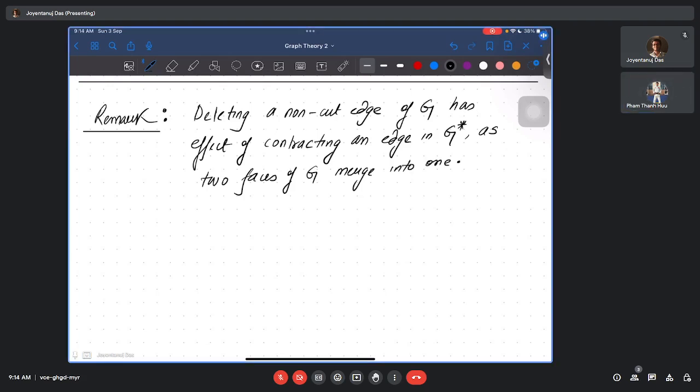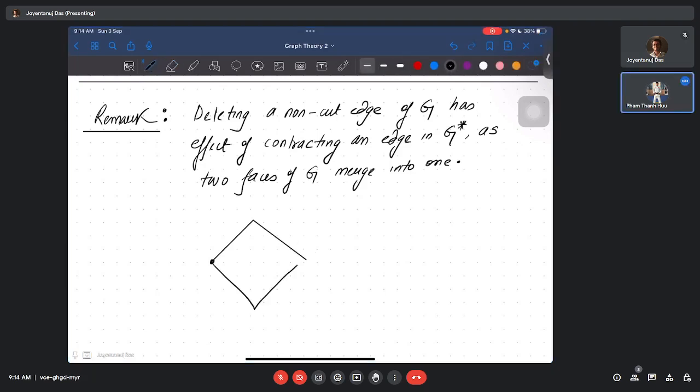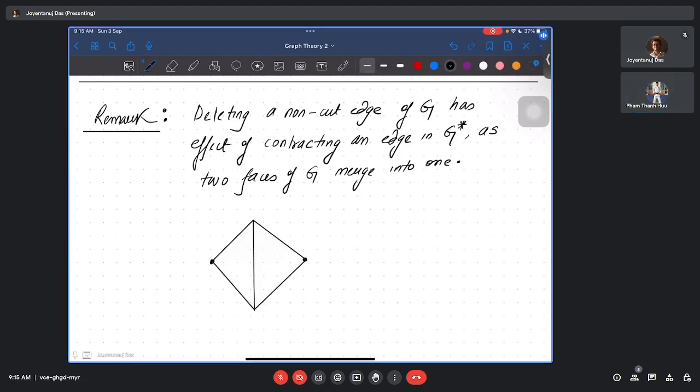So let us see an example of what they are saying. Suppose I have this graph. This is a graph on 4 vertices. This is a planar graph, that is fine. And now this middle edge is not a cut edge, right?